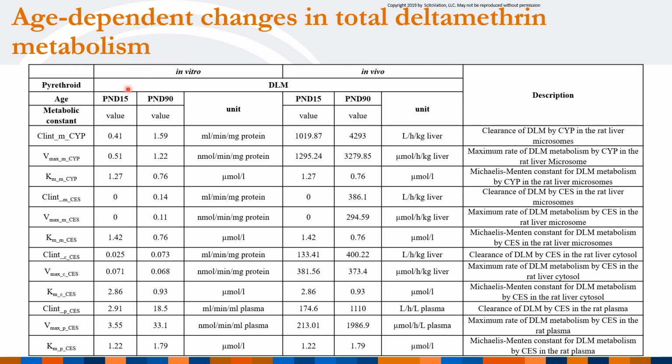We did some in vitro experiments in juvenile rats, PND15, and adult rats, PND90. You can see the difference in intrinsic clearance, which is lower in the juvenile rat compared to adults. We also have Vmax and Km for saturable metabolism. And here are the in vivo values after in vitro to in vivo scaling.